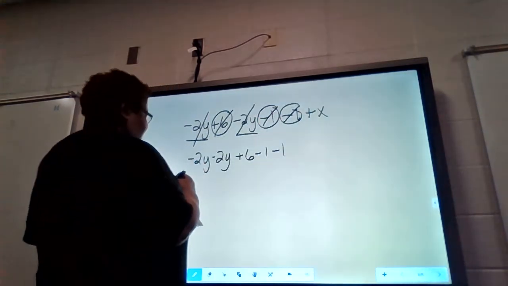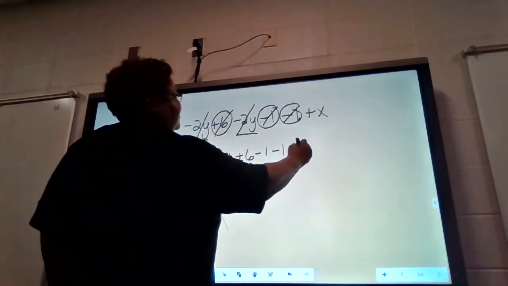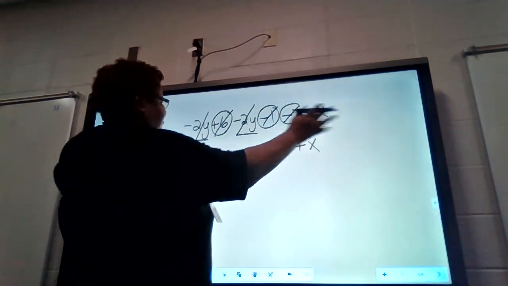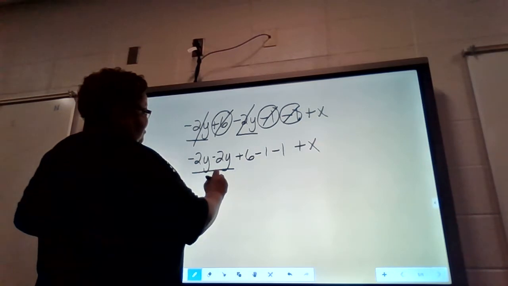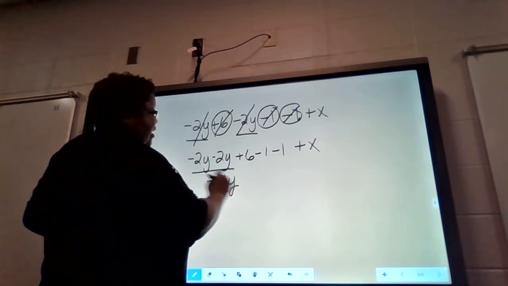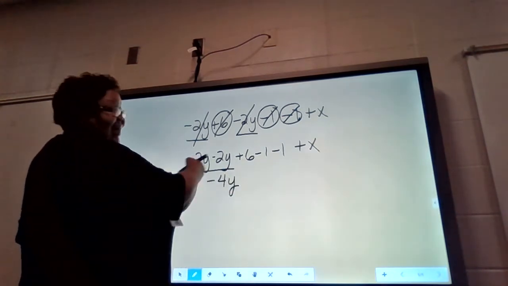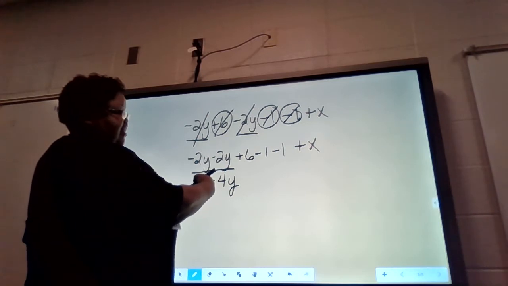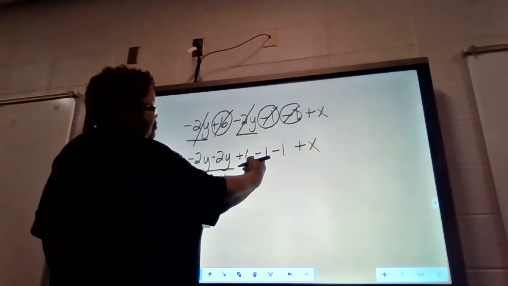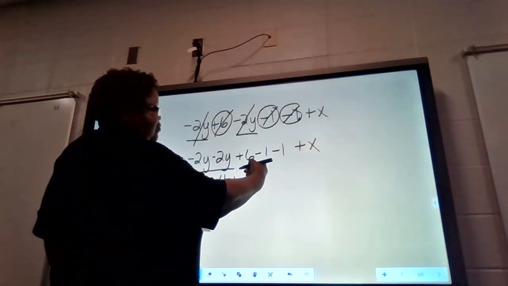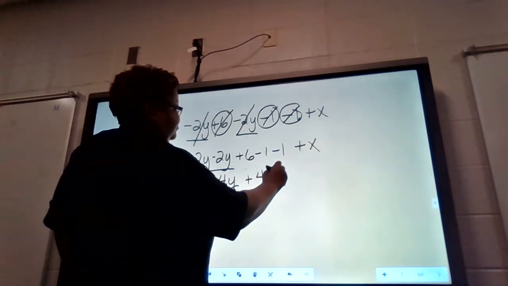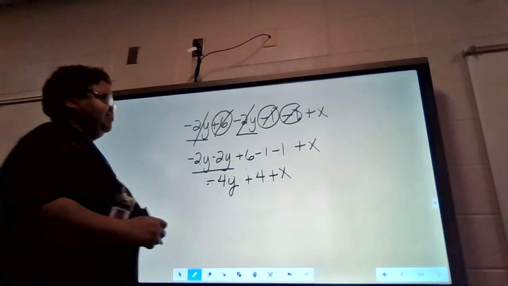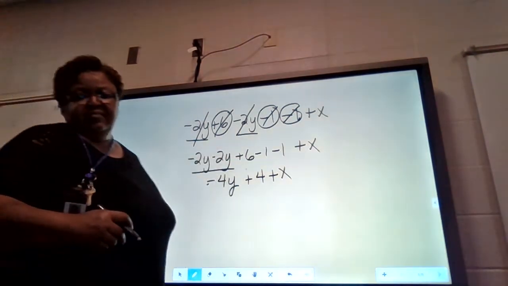And then what do I have left? I have that x out there by itself. I don't have anything to go with it. So let's combine these two. Minus 2y minus 2y is minus 4y. I add, keep this negative sign. 6 minus 1 is 5, minus 1 is 4. And that's it. Don't have anything to combine the x with.